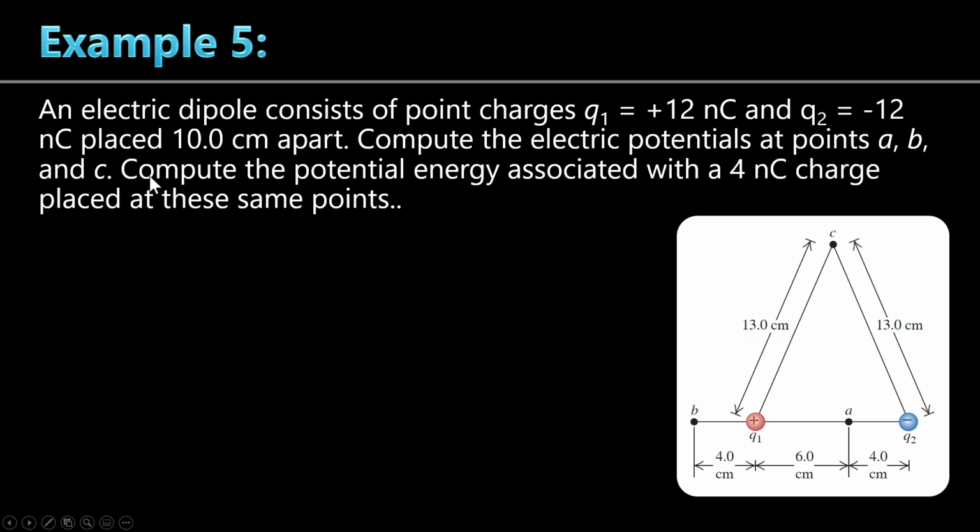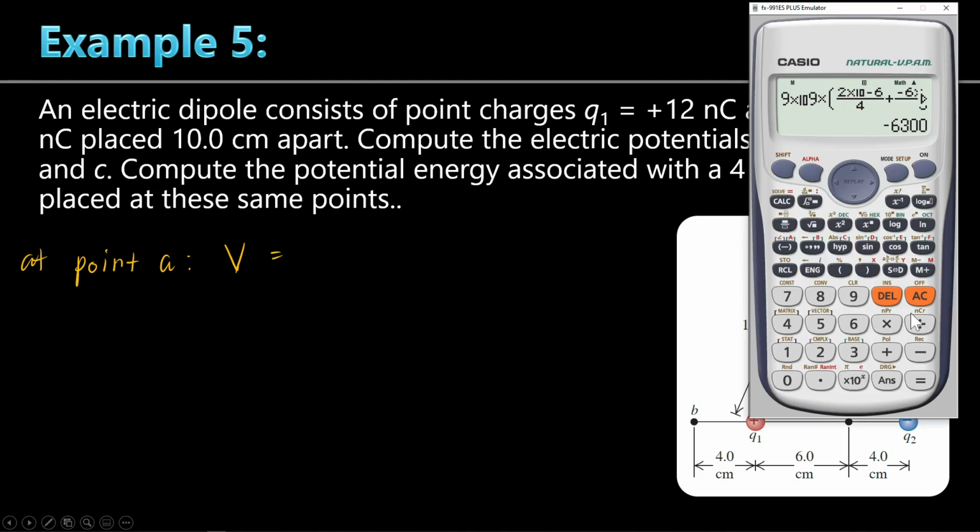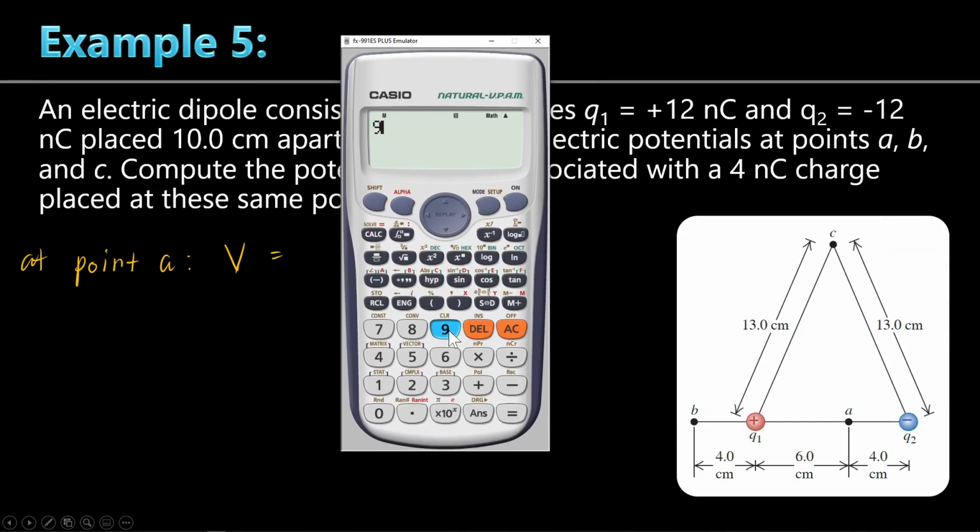Ayan. So, computein lang natin ha, yung electric potential at A. At point A, yung electric potential is, okay, i-add lang natin yan, di ba? At point A, the electric potential is the sum of the potentials due to Q1 and Q2. Rekta na natin yan sa calculator. 9 na lang yung ilalagay ko, tapos parenthesis, unang Q. Kasi nanocoulombs to eh. Yung to the 9 at to the negative 9 magka-cancel na siya. So 12 divided by, gaano kalayo yung Q1 mula sa point A? 6 cm.